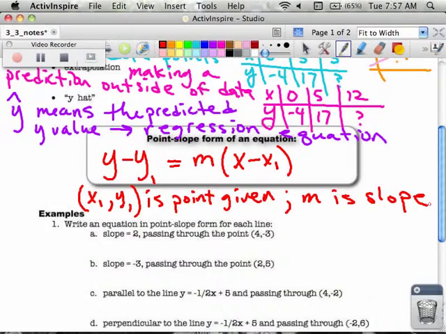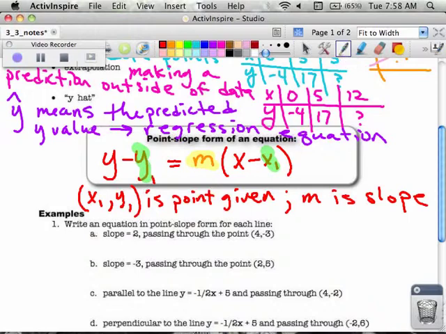So sometimes they'll give you some information like, here is a data point, and I know that this information changes at a rate of, and we talked about the word rate means slope, and then you'll plug things in. So the things that you'll be plugging in are this value and this value and this value. So those are plugins. You'll keep your y, a letter y, a letter x, and they'll tell you about the slope at m, and they'll tell you about the point x1, y1.